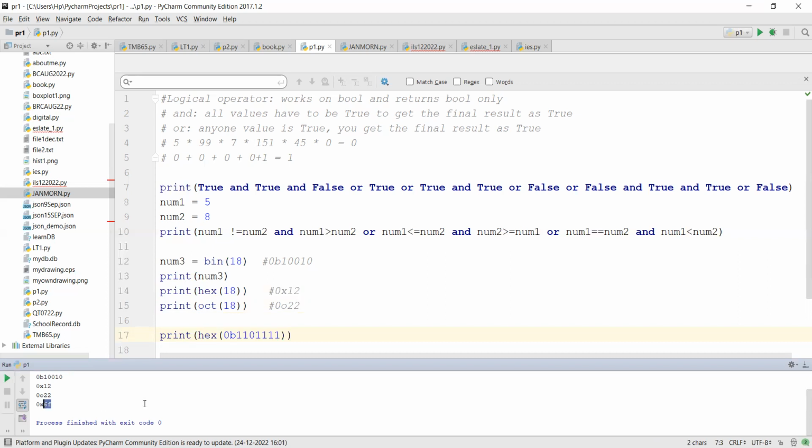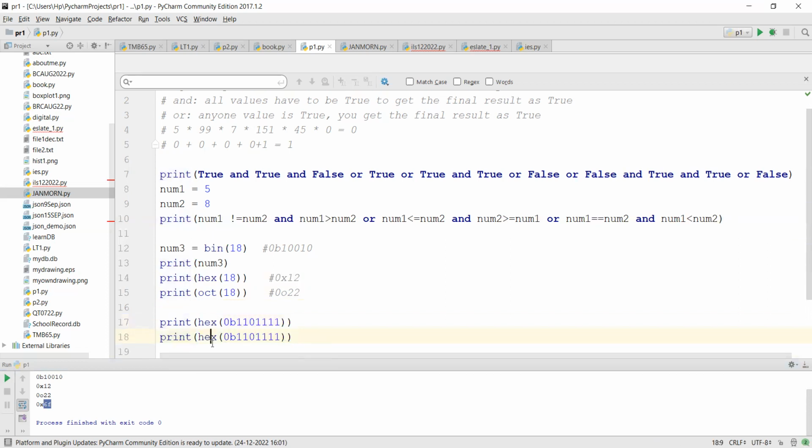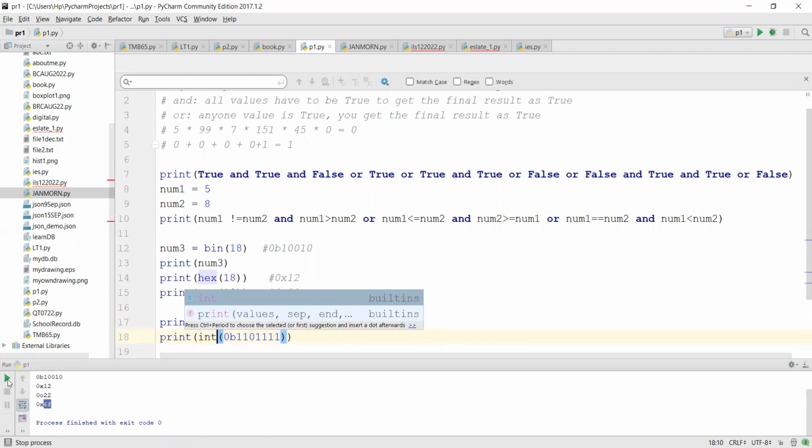You want to convert into integer? Simply say int. Int not only converts a string into an integer, that's what we saw yesterday, but it also converts any data type into integer. So 0b110 1111 will give you 111.